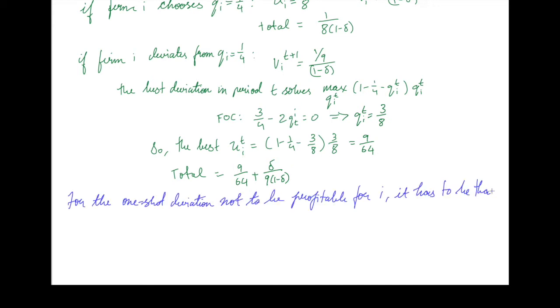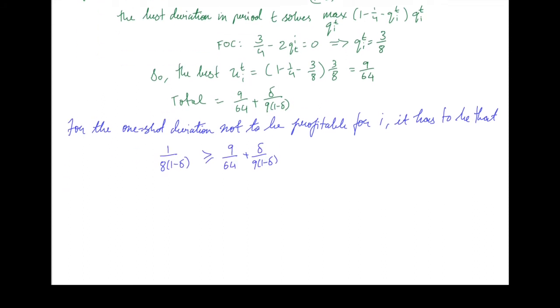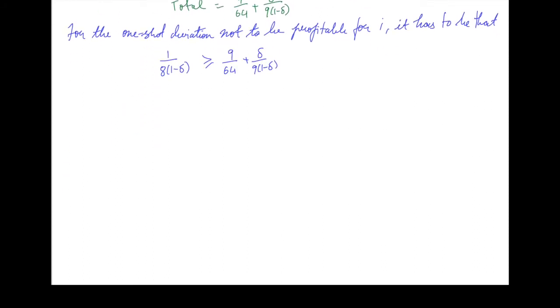So for this one-shot deviation not to be beneficial for firm i, the payoff from sticking to the grim trigger has to be at least as high as the best payoff they could get from deviating. So let's do some algebra to simplify this into a nice condition on delta.